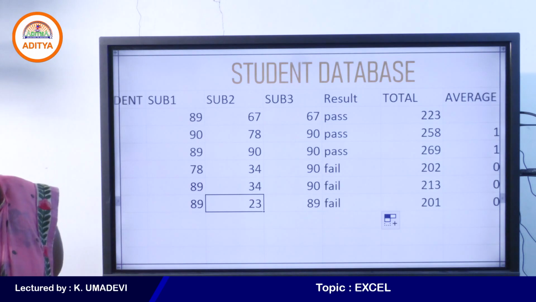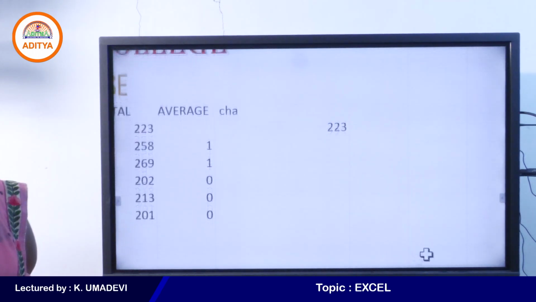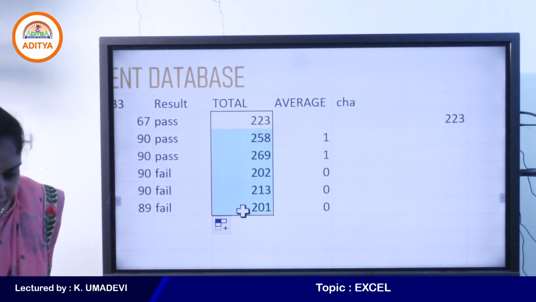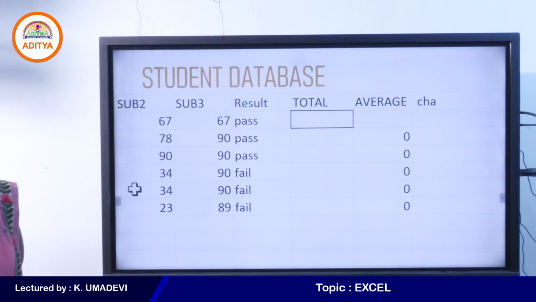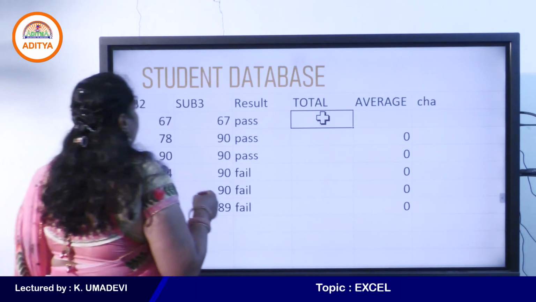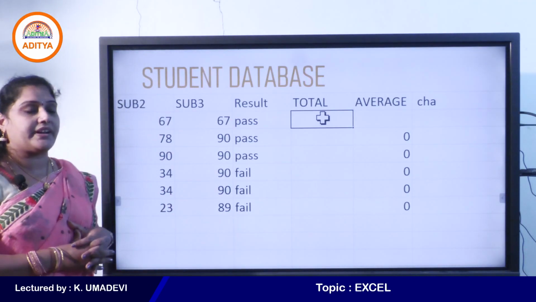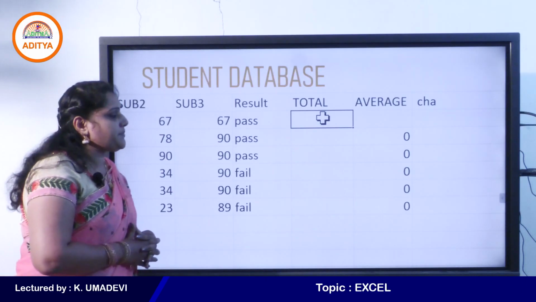Then just observe the screen students. Here I will delete all the total values. So now I want to add all the values of the students. That means I want to sum all the students' subject marks if the result is pass.